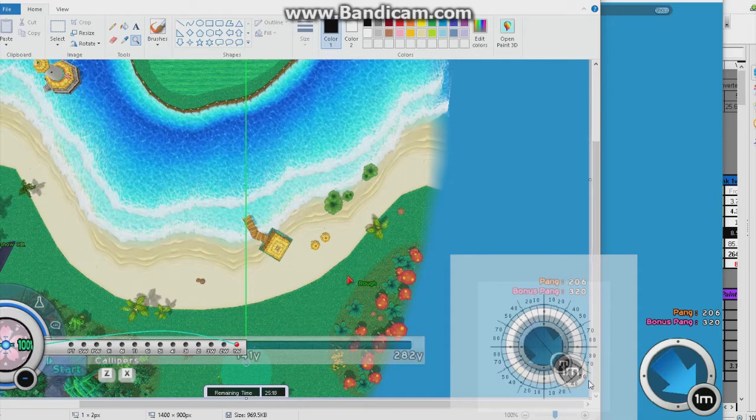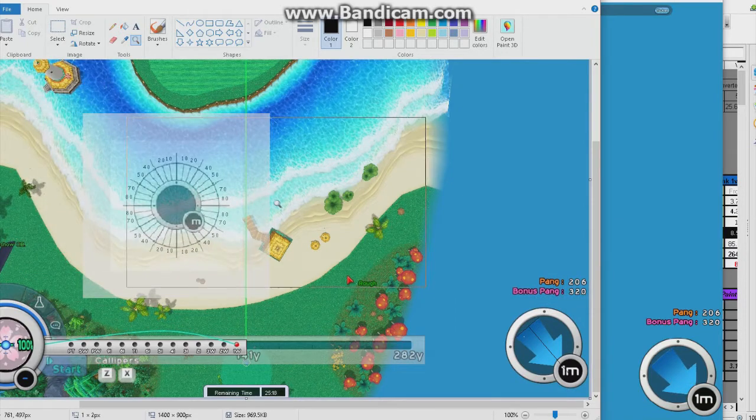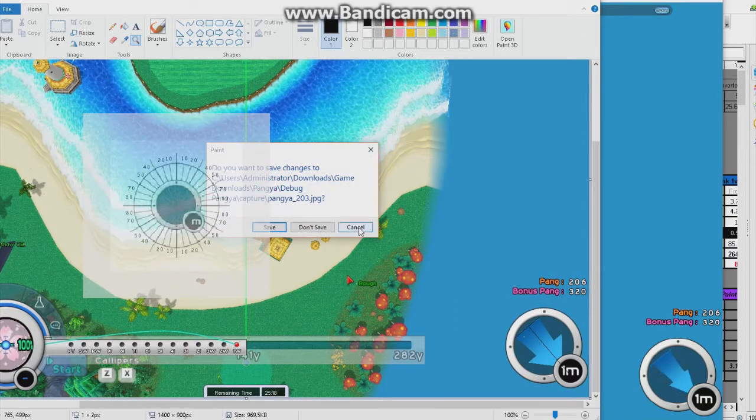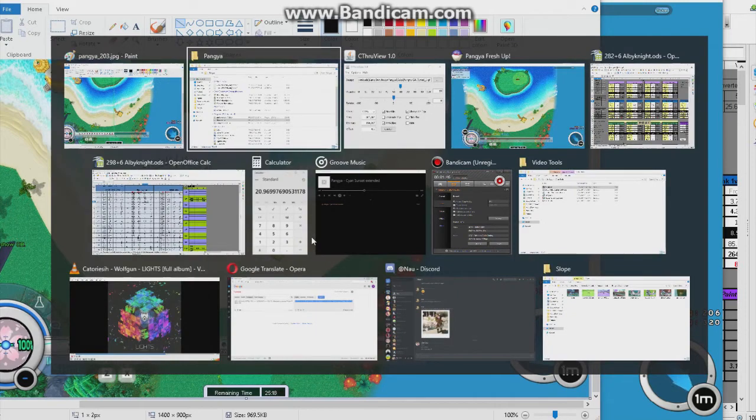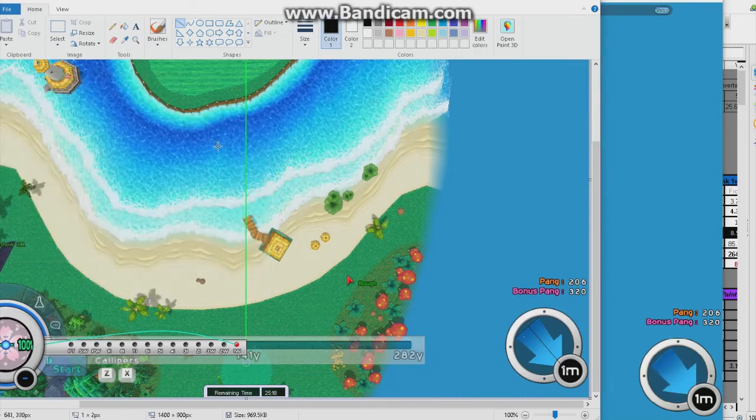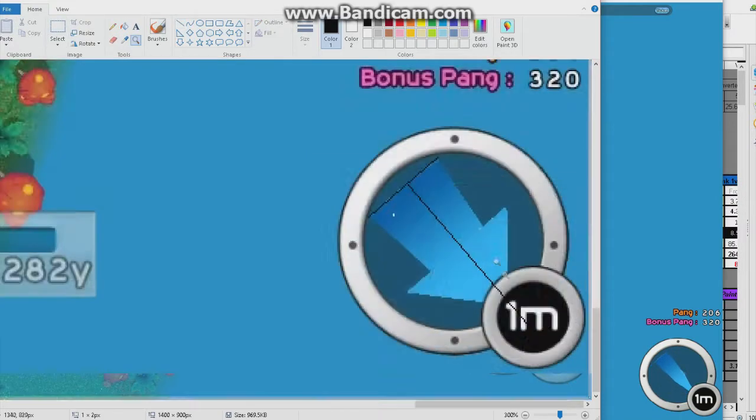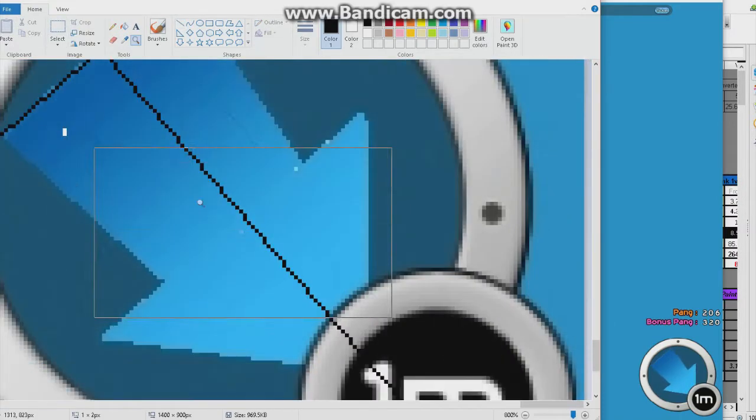It looks like it's about a 42 to 43 degree angle. And we will find out. It's just a little tip you can use. Back here. And draw in white.